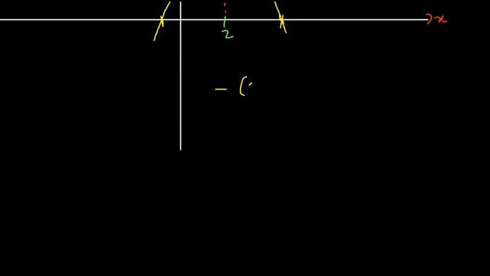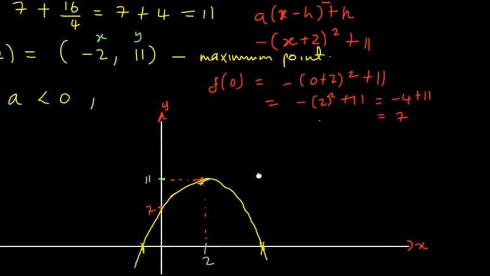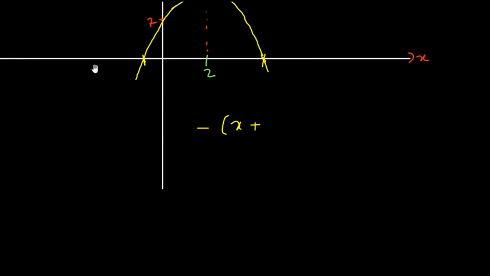We have minus (x plus 2) squared plus 11. This is equal to y, right? But when y is 0, so it's equal to 0, we should solve for x.